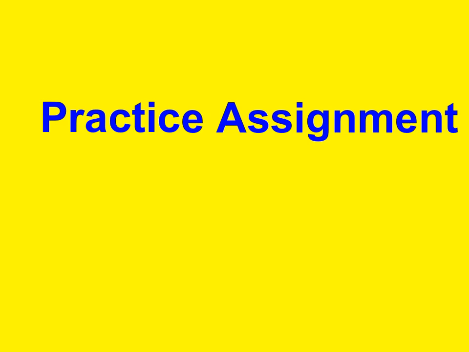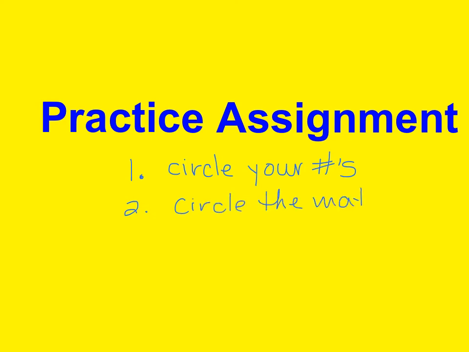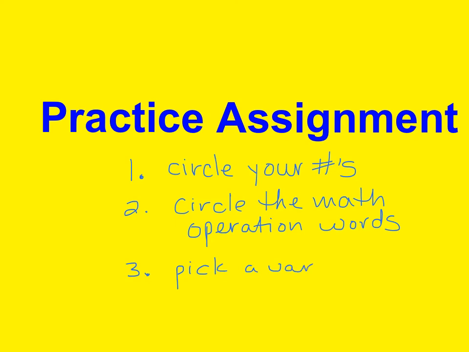All right, this is not the easiest thing in the world, but if you take the time to list your steps. Step 1, circle your numbers that you see in the expression. Step 2, circle the math operation words. Then step 3, pick a variable or define a variable, as they often say.